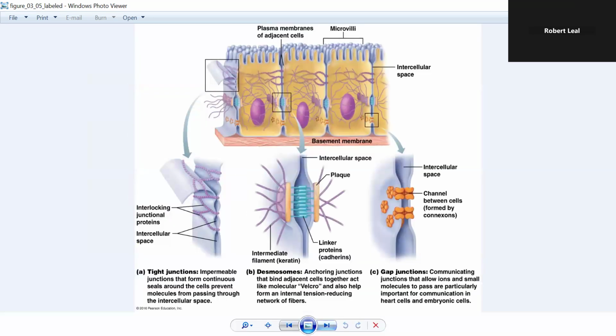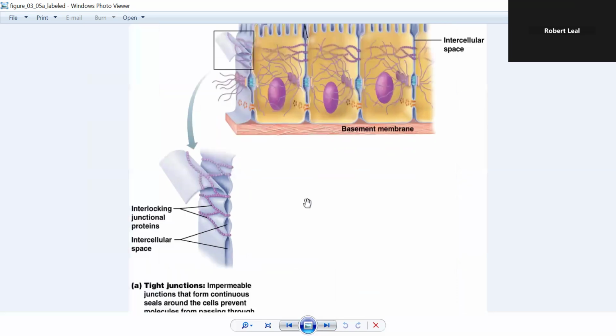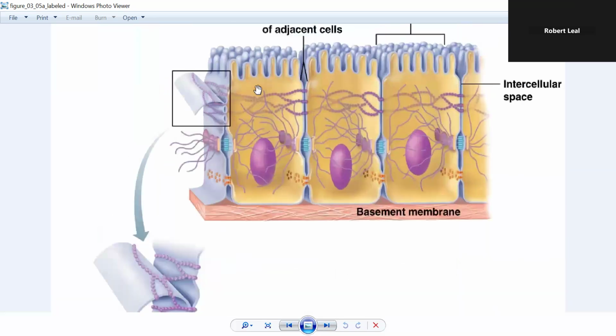Now, these proteins that do bind cells together, let me take a closer look at each one. If they're found in high amount and yet they're kind of small and they're the majority of the ones found to knit the cells together, those are referred to as tight junctions. The other thing I want to bring to your attention here is you see the cell membrane here, it's going up, down, on top.